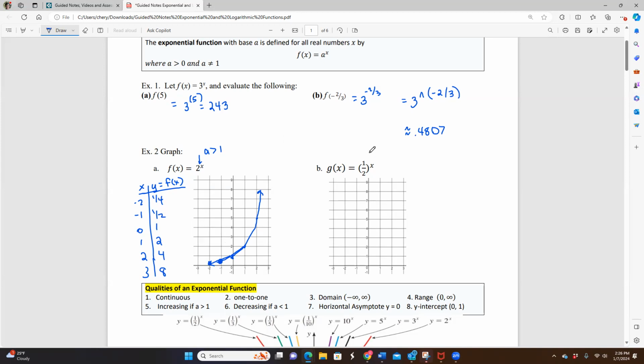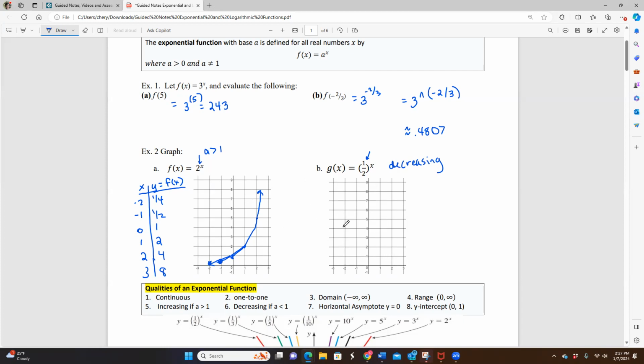Now here, our base is 1/2 in B, where we have g of x equals 1/2 to the x power. We're going to have a function that looks very similar, except it's going to be decreasing. It's still going to be a curve, but instead of increasing like 2 to the x, 1/2 is going to be kind of exactly the opposite, the mirror image of the prior, but it'll be decreasing.